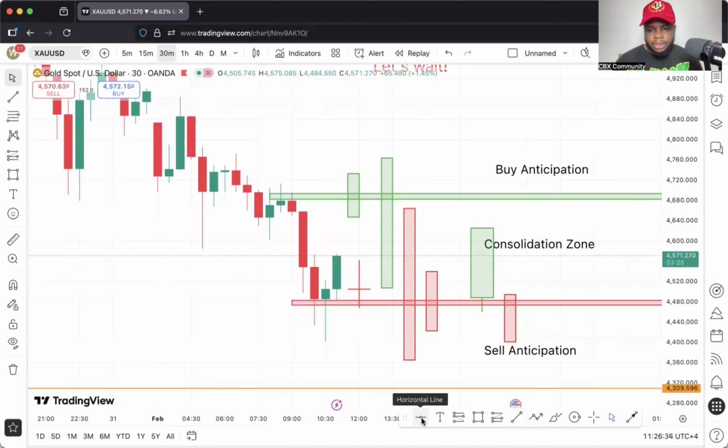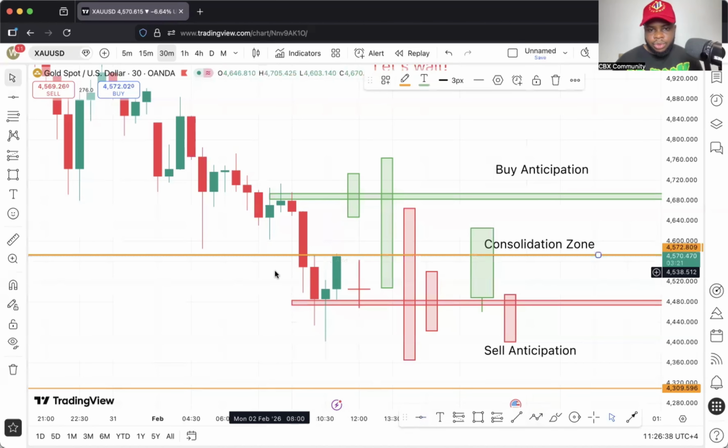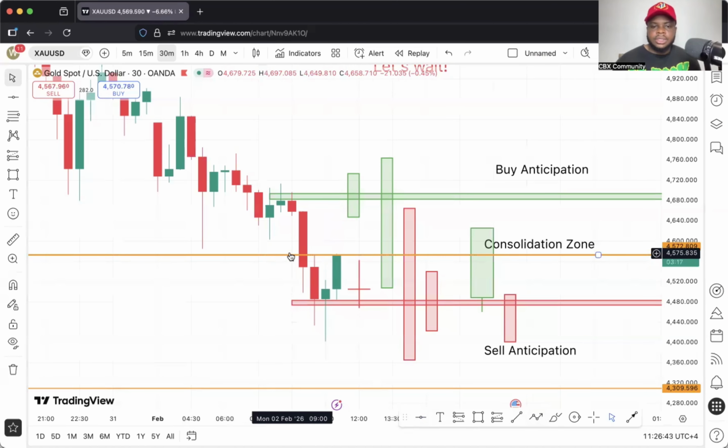Let's see what the candle wants to do. I don't need this line. I just want to make sure that the candle has broken the high of this bearish candle. That means that it's rising at the moment.